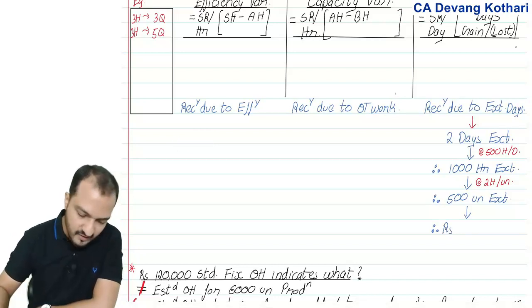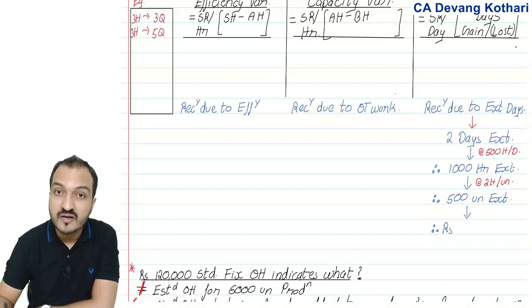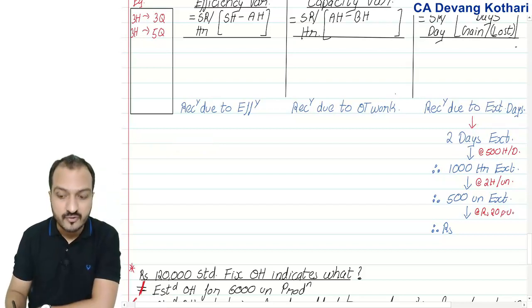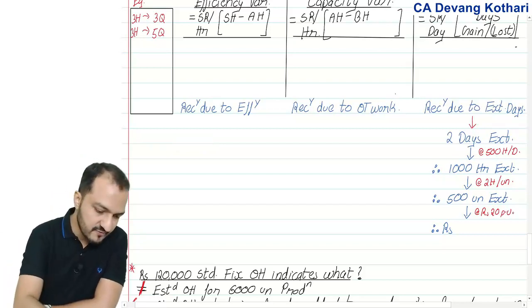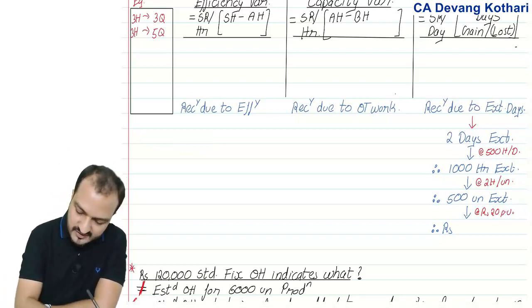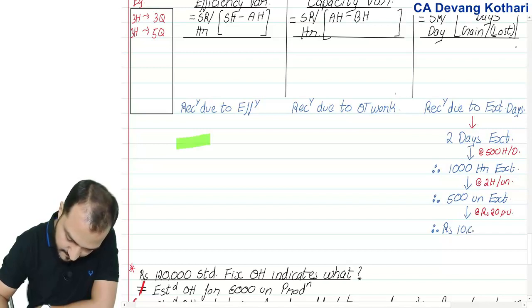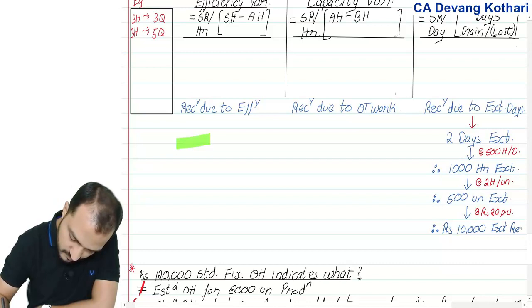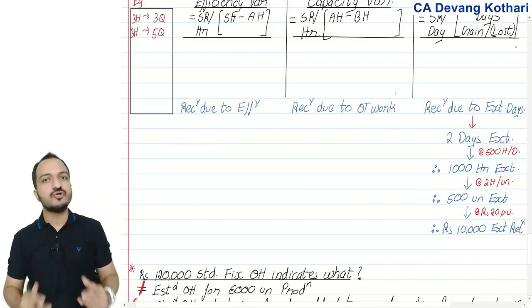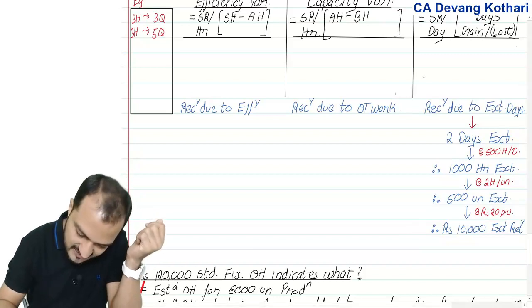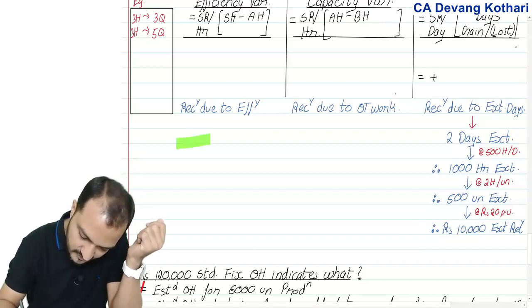Well, my overhead recovery rate, my absorption rate, was 20 rupees per unit. So 500 extra units would have given me 500 into 20, 10,000 rupees extra recovery. This 10,000 rupees extra recovery is called my calendar variance.